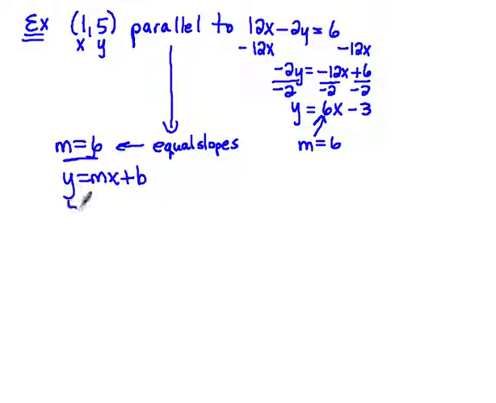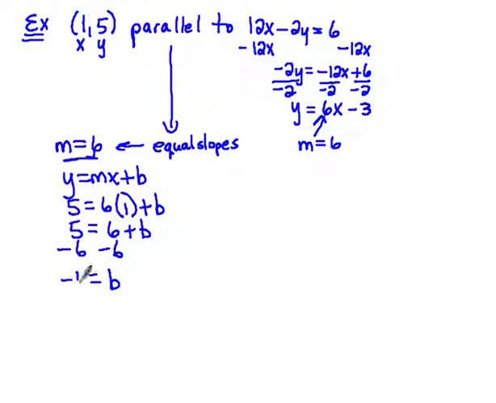So I have 5 = 6 times 1 + b. So 5 = 6 + b. I'm going to subtract 6 from both sides so that I get b = -1. And if I finish it up, I have y = 6x - 1. And that's the equation of my line.